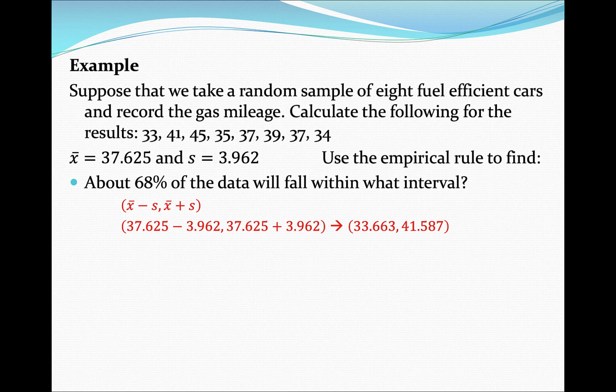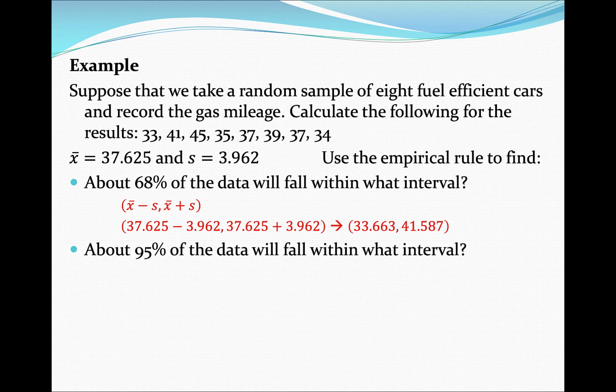Like I said, that works really well for mound-shaped distributions. And of course, these percentages are always going to be the same. You can calculate other percentages, but we won't talk about how to do that until later in the class. So for now, if I ask these kinds of questions, it's always going to be 68%, 95%, and 99.7% because that's what the empirical rule gives us.